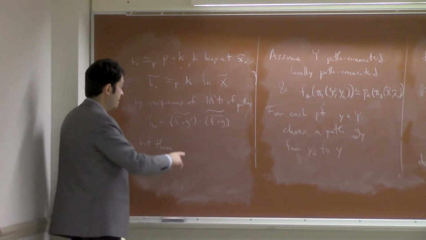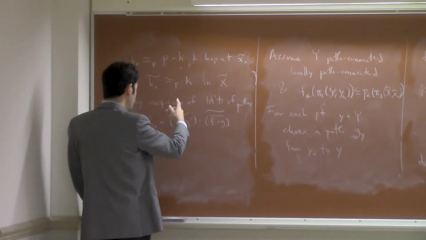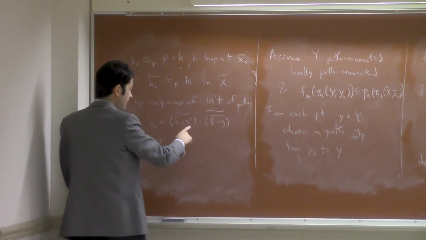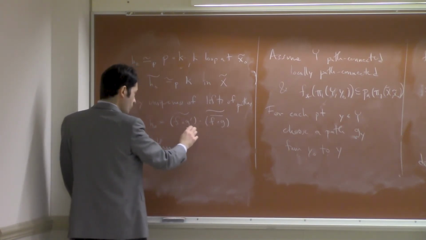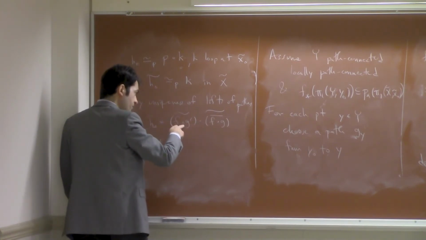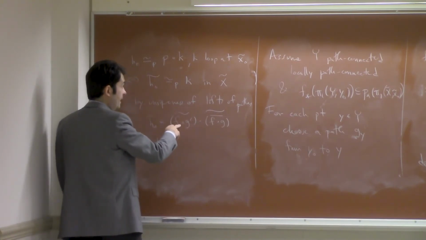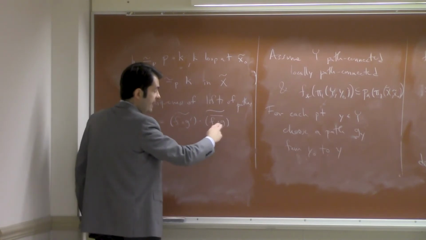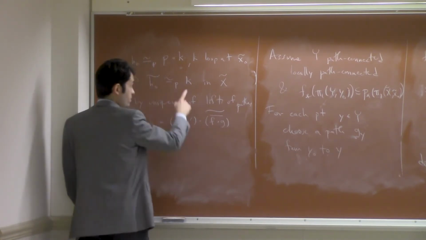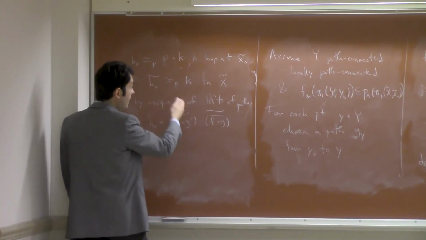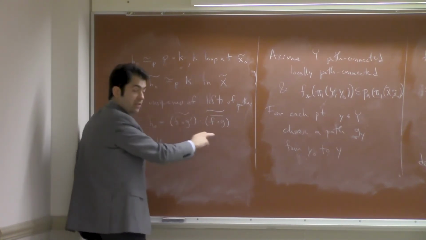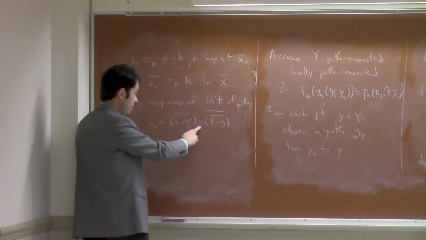But the fact that they lift to give you a loop upstairs means that these are compatible. When you lift this one to start at x naught tilde and this one to end at x naught tilde, they have to have the same endpoint in the middle.